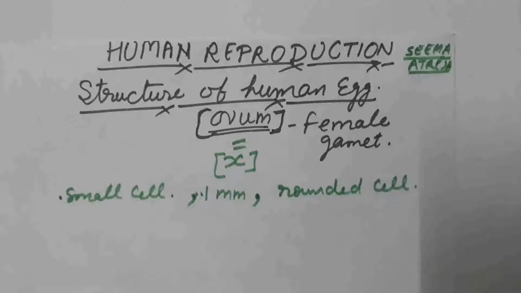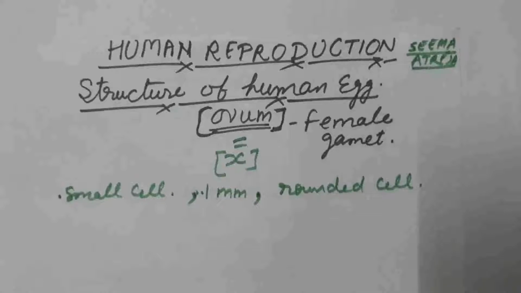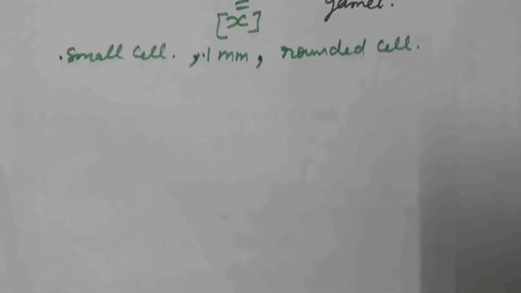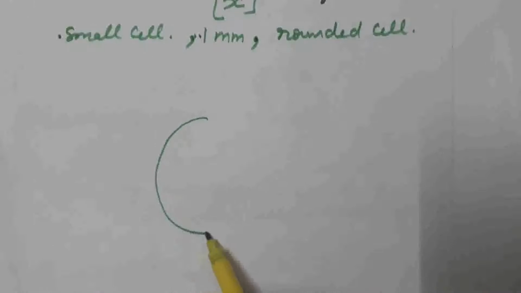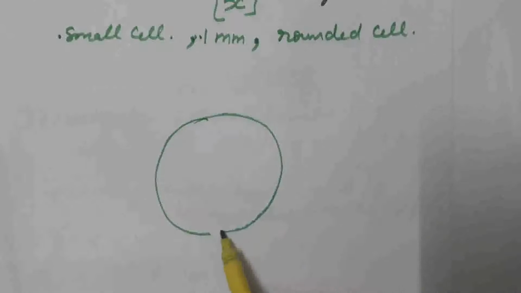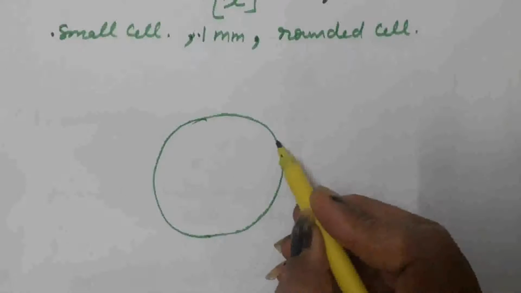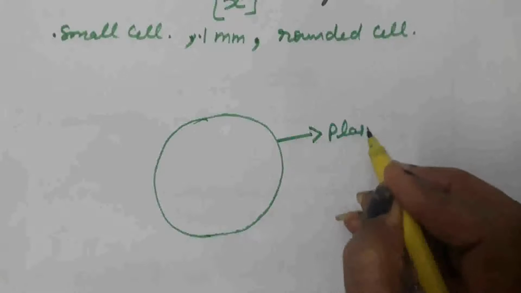Now I am going to draw the structure of the human egg, which is a rounded structure and a small cell of 0.1 millimeter in size. So this is the rounded cell, which consists of its own outer covering, that is known as the plasma membrane.